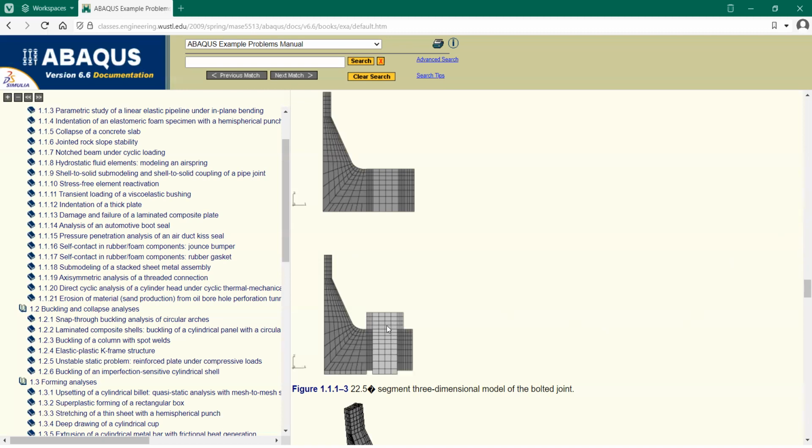And here again, there is one bolt, and this is a bolt head. So why is it so fine in the locations where the bolt and the bolt head come in contact with the body? Is it too fine here?